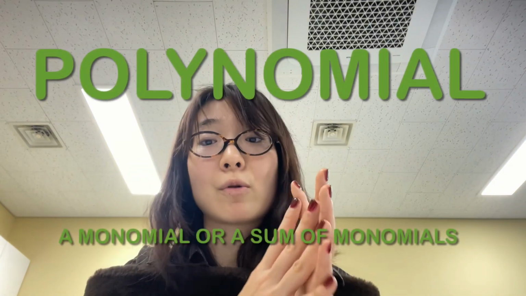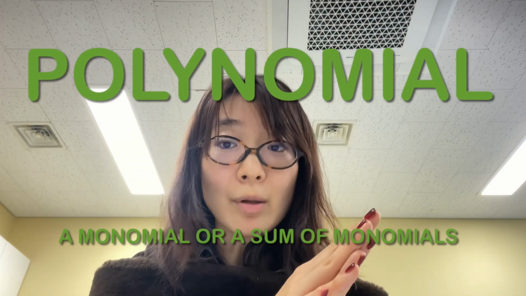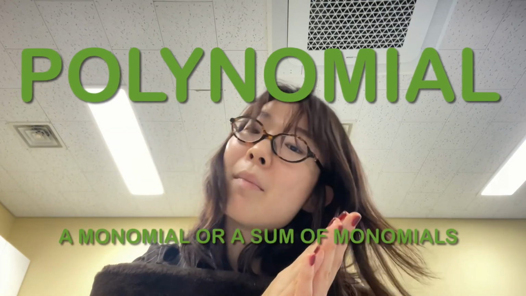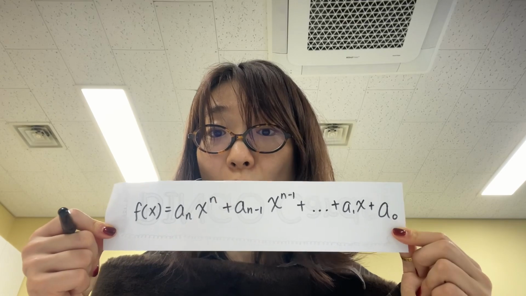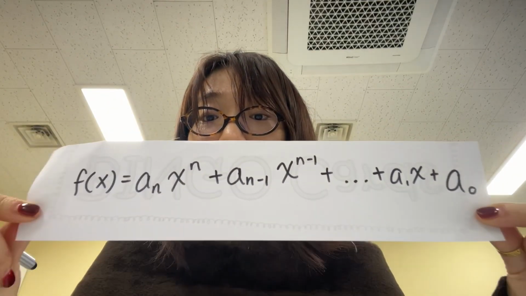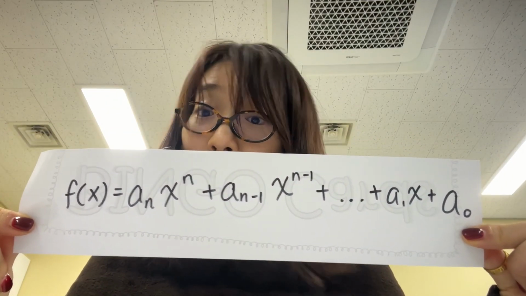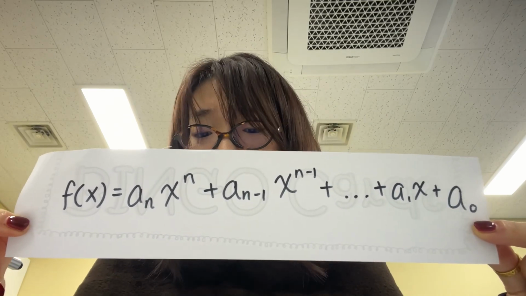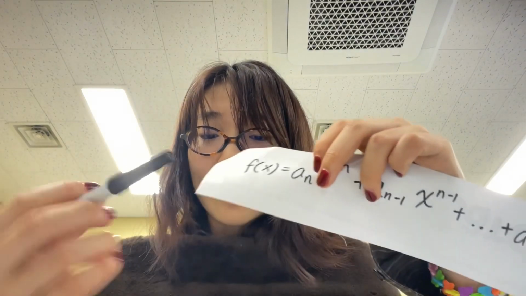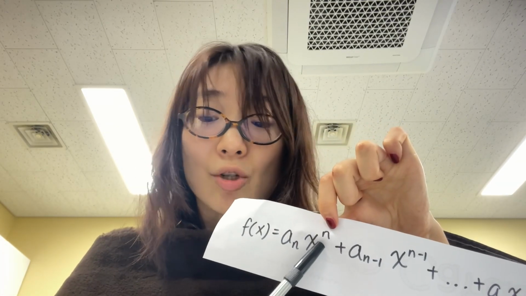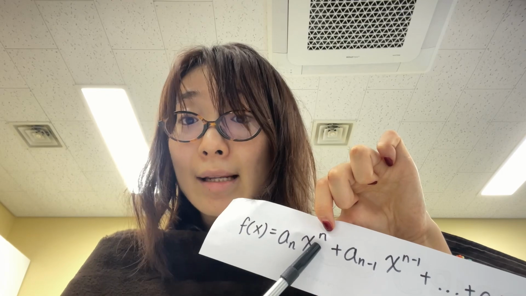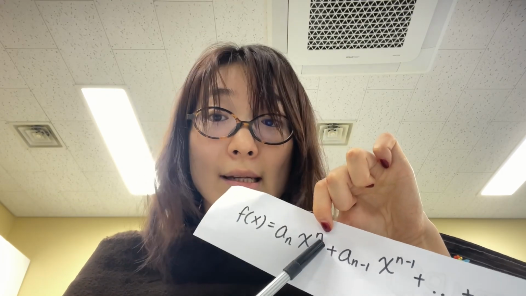A polynomial could be a monomial or a sum of monomials. This is what the standard form of a polynomial function looks like. It looks very complex, right? But actually, it just indicates this being the leading coefficient. So n over here is the degree, meaning the highest exponent that's present in the function.